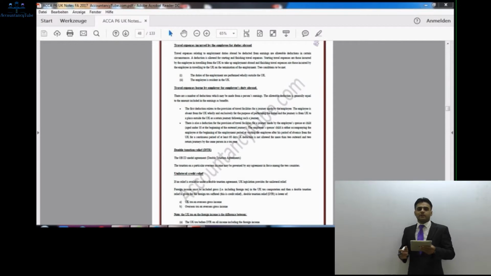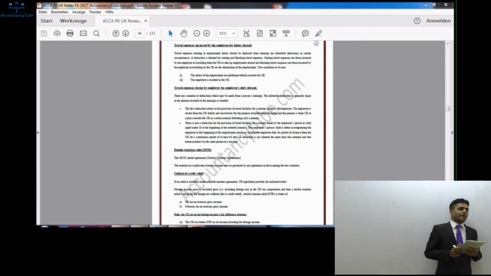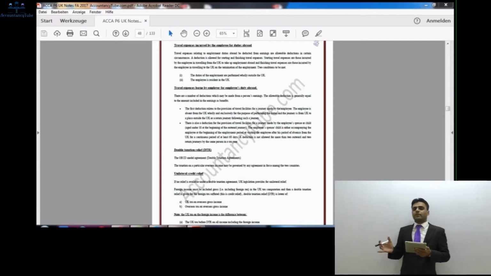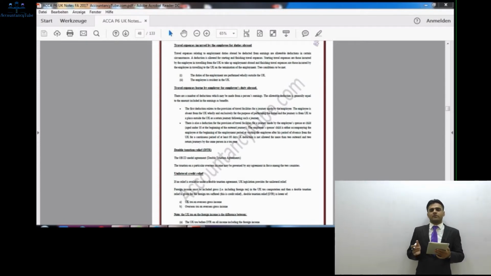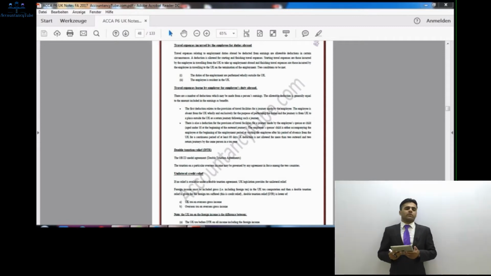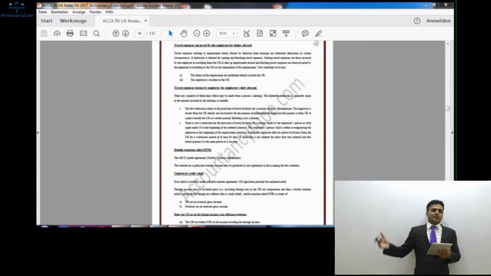There is another thing that will be regarded as remittance: say, for example, you are using some services within the UK and you are paying for those services with money which was outside the UK. You are receiving the services within the UK, but paying for them with money from outside the UK. Alright, so that will be regarded as remittance as well.